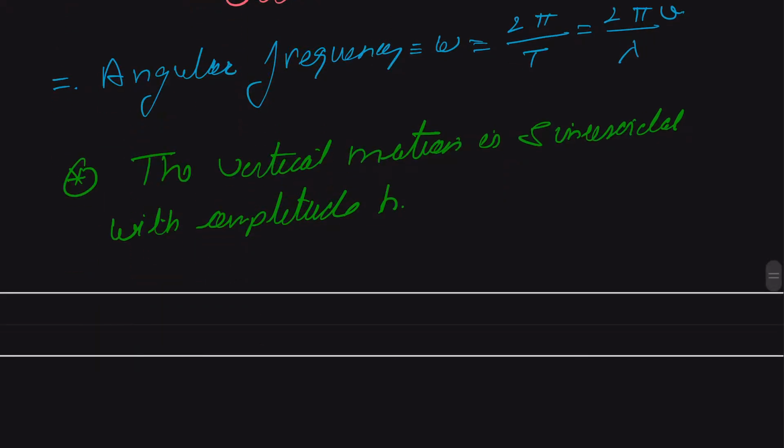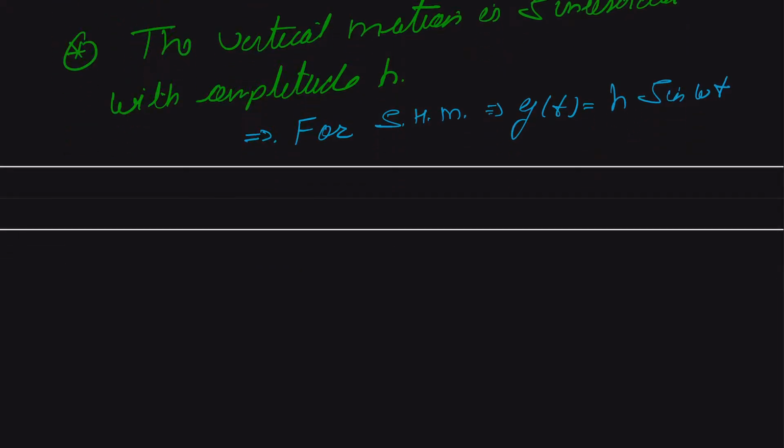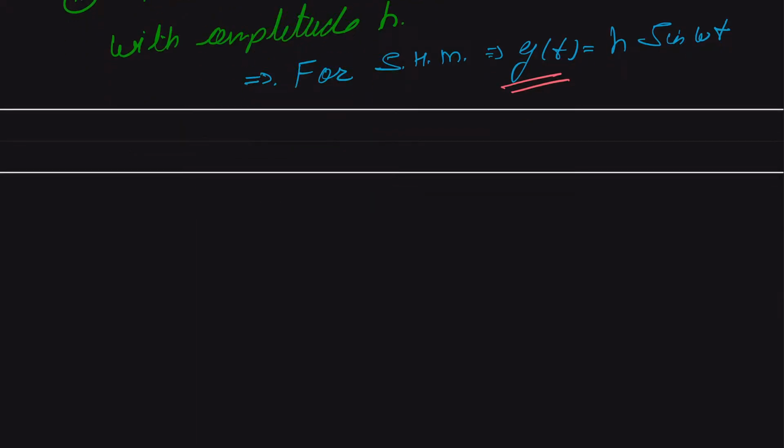Therefore, we can say that for a simple harmonic motion, we can write the equation that y of t is equal to h sine of omega t. And from here we can easily find out the acceleration. Acceleration will be nothing but the double derivative of this y.